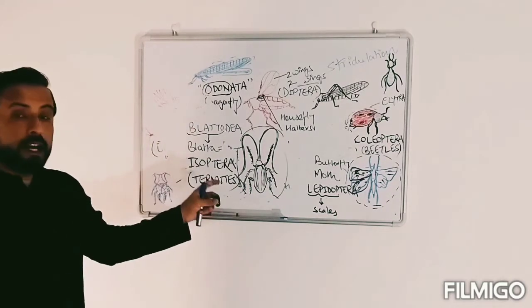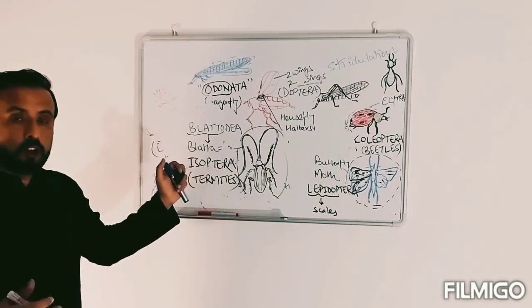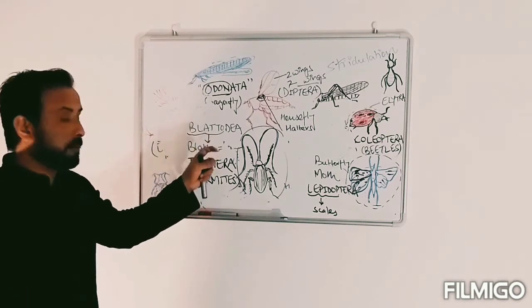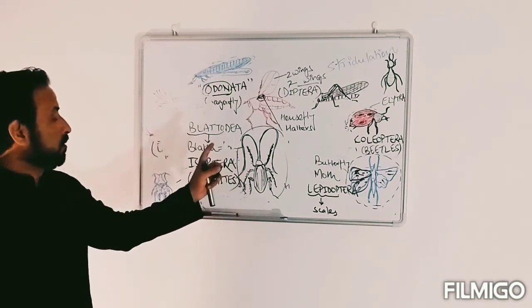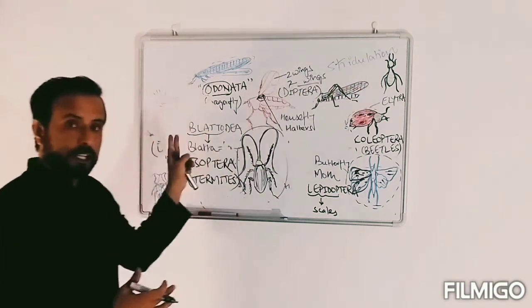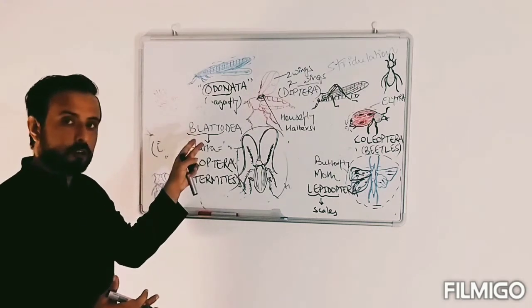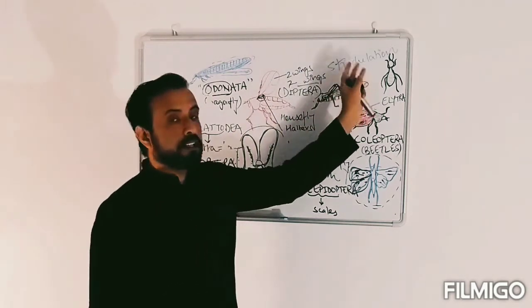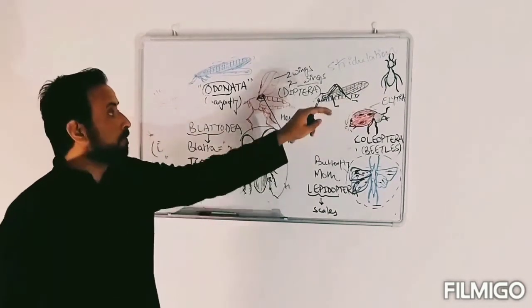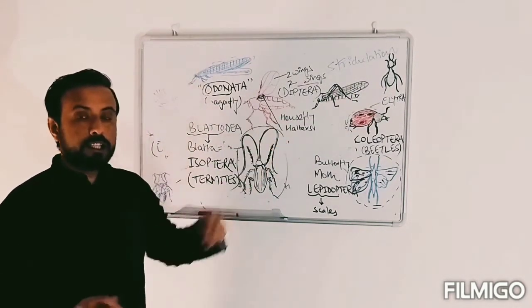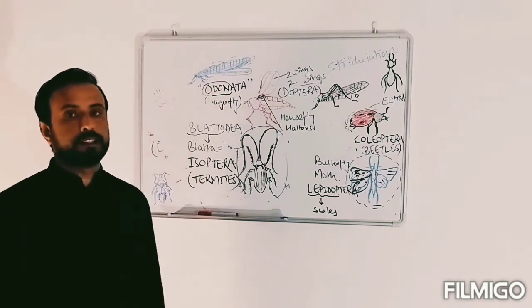Now, Isoptera has a lot of common features with Blattodea, so they are sometimes kept in the Blattodea category, or sometimes they are separate. They are called Isoptera because the forewing and the hind wing are of equal size.